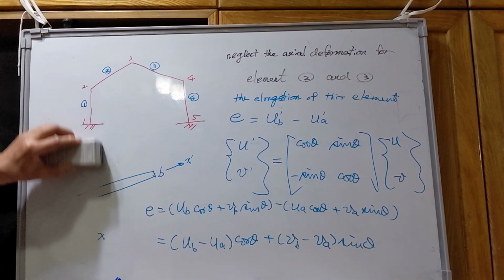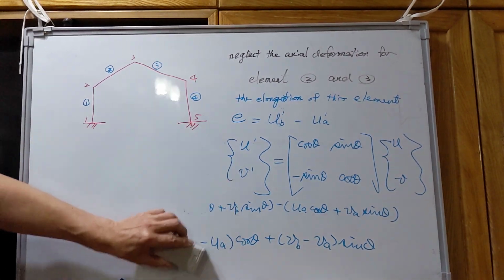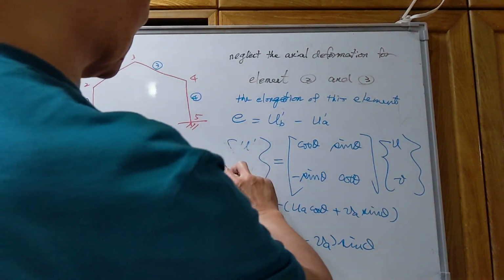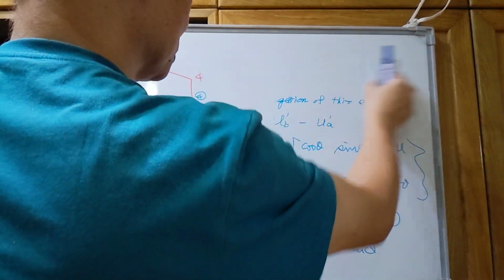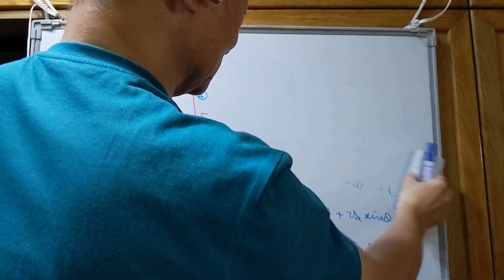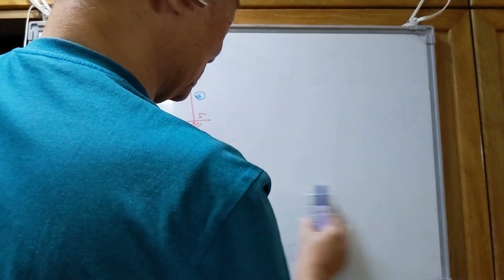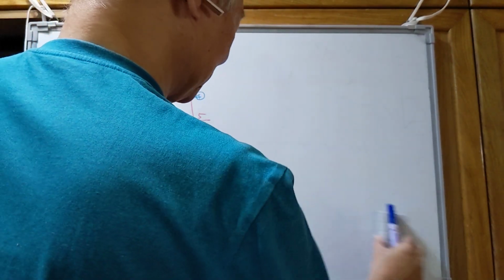So in this case, if we use this formula, we can calculate the elongation of element 2 and the elongation of element 3.